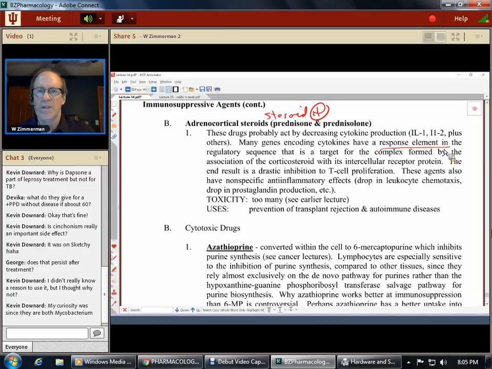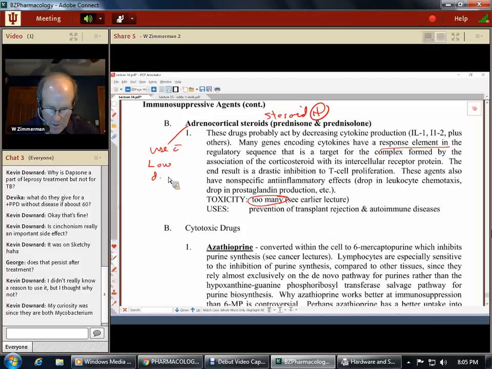There's just too many side effects, that's one of the biggest problems here. Toxicity, too many. And you can use these chronically with a low dose. And they can be added to the cyclosporin.